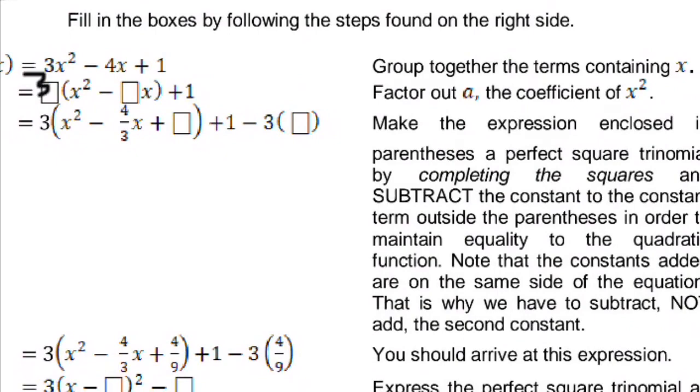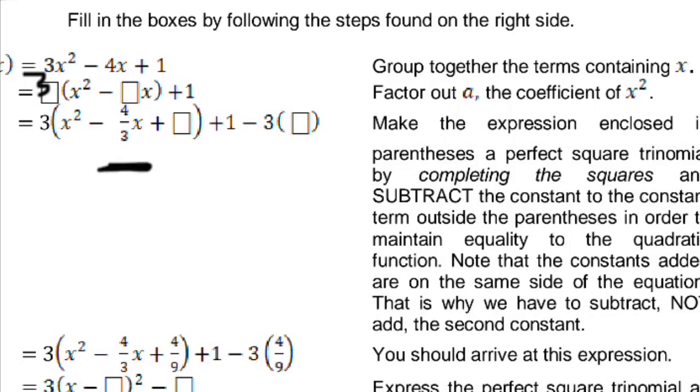Then x squared minus blank. So you have there negative 4 divided by 3, so negative 4/3 x. The next step is you're going to add the square of 1/2 the numerical coefficient of x. The numerical coefficient of x here is negative 4/3.